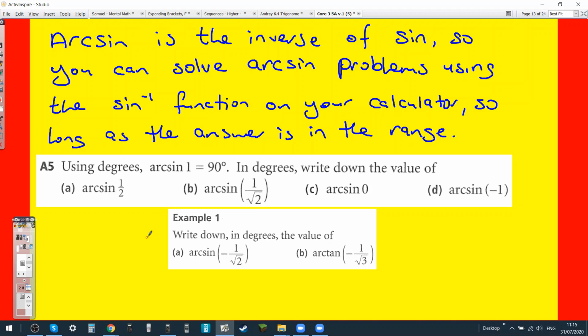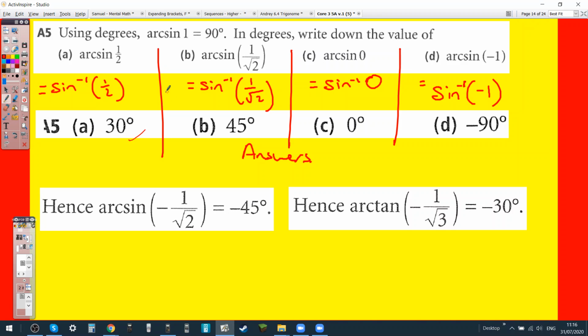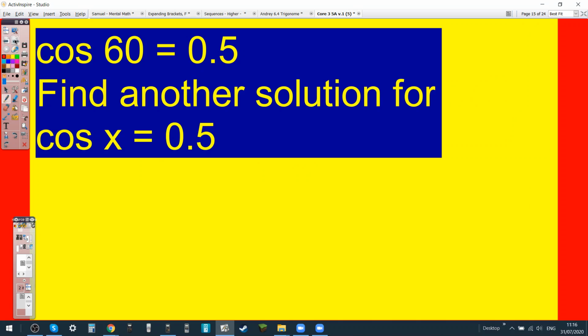I'll just put this into my calculator. Yeah, let's just do A. Okay. 26.6. Yep, and they changed it into degrees. It's probably something in degrees. It's 30 degrees. Yep, fine.